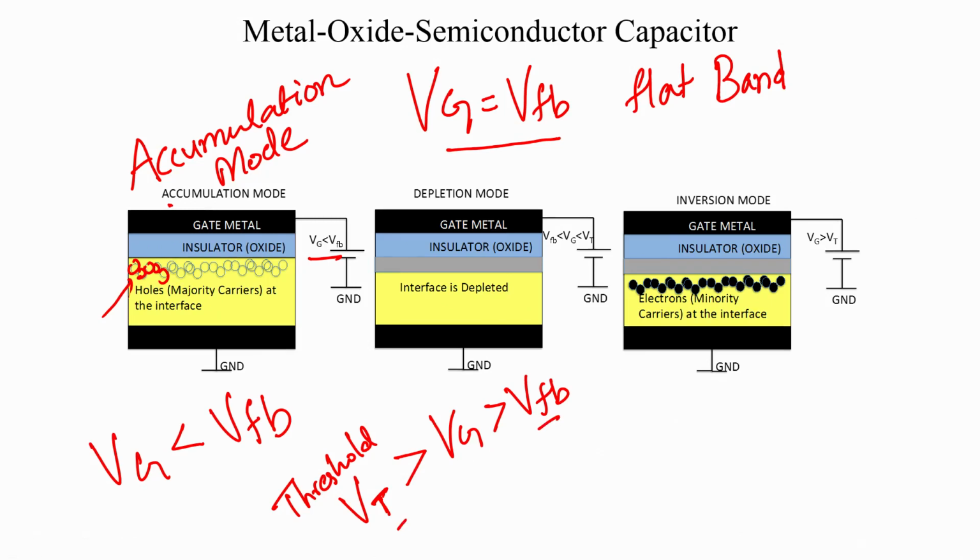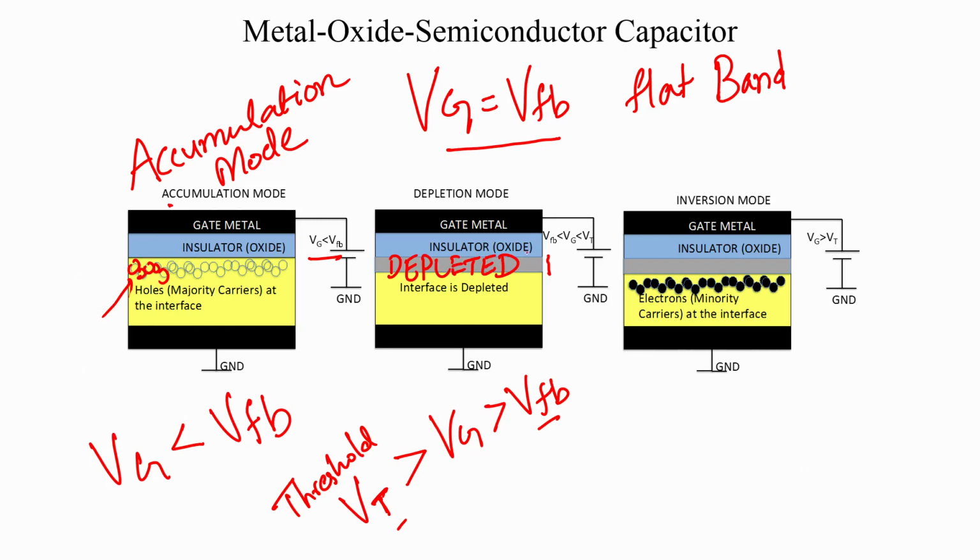What happens in this case is that the gate metal now has positive charge, and therefore it has to be balanced by the negative charge from the p type semiconductor, and that is done by depleting the semiconductor. This region is all depleted. Ideally speaking, there are no free carriers in that region.